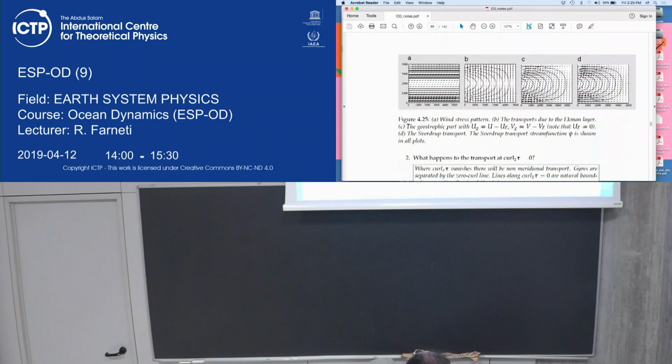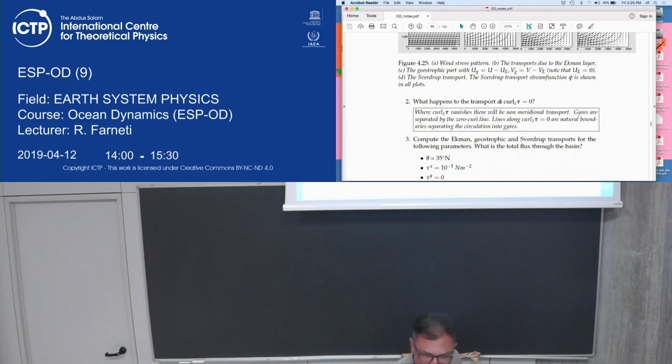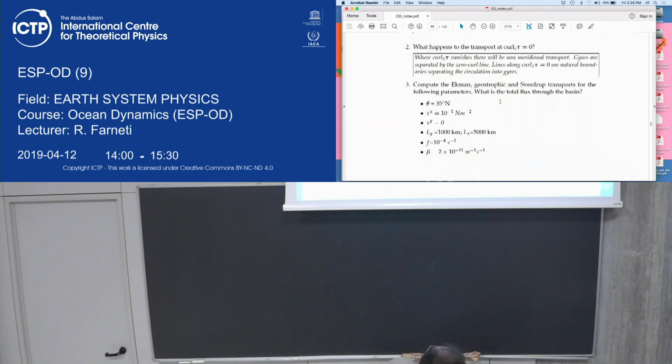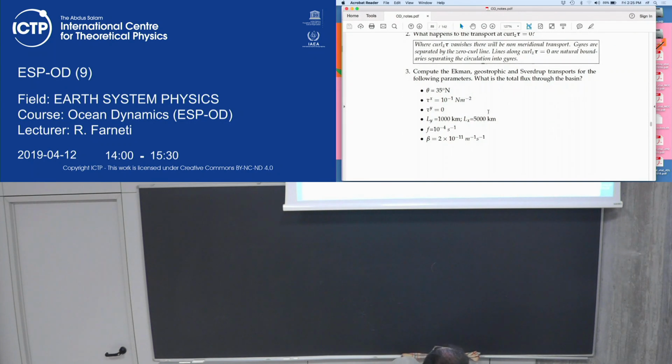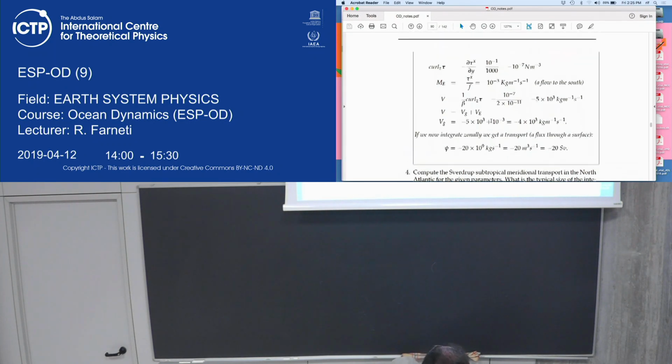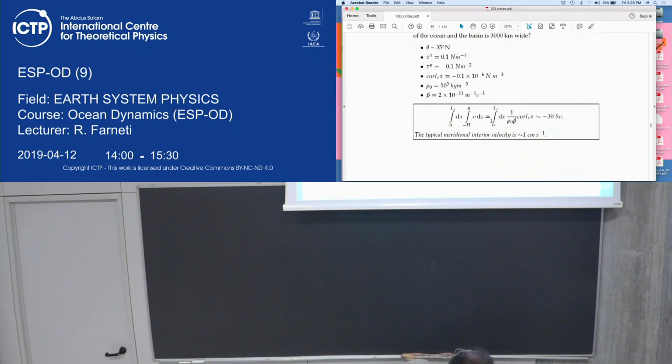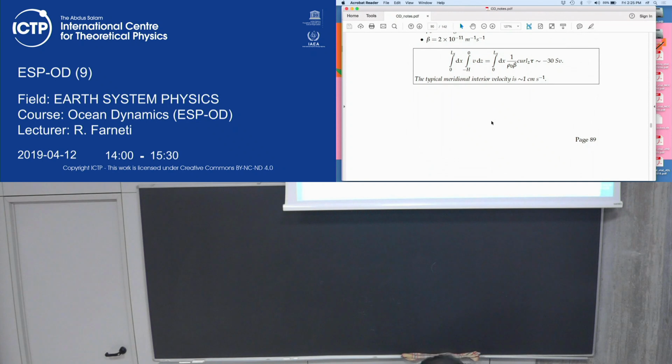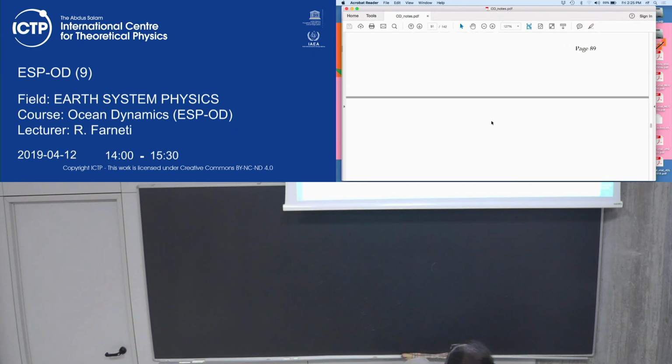I realized I made a mistake here, because I gave you the notes with exercises and the solutions of the exercises. You were not supposed to see these boxes, which are the solutions of the problems. I think the updated version doesn't have the solutions anymore, but you have printed them.